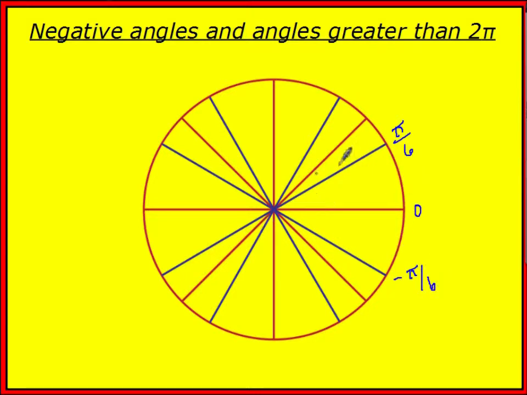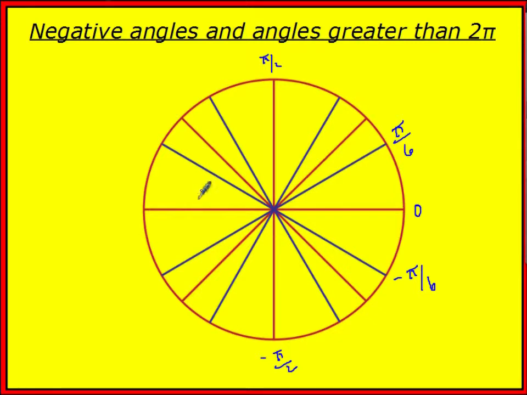On the number line, to the right is positive, to the left is negative. Well, clockwise and counterclockwise give us the same associations here. So for instance, this is pi over 2, this would be negative pi over 2.